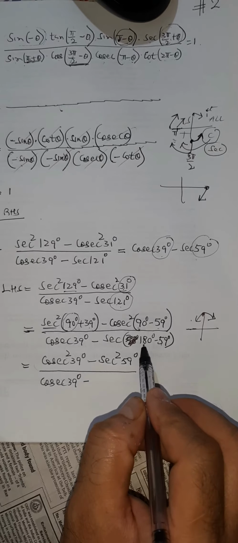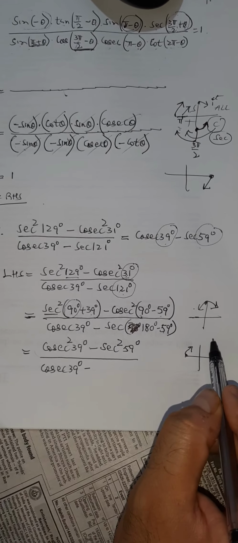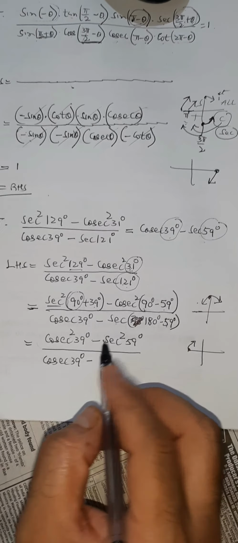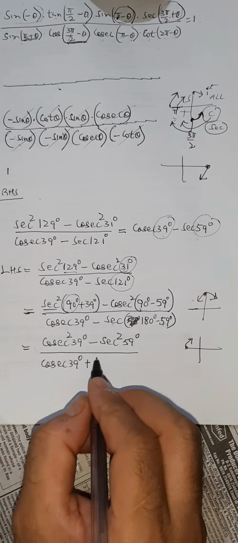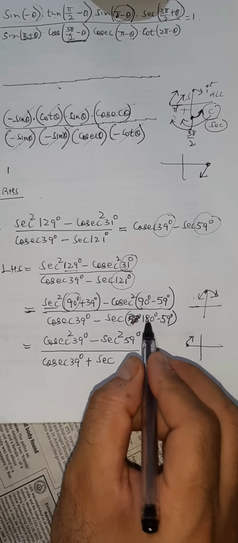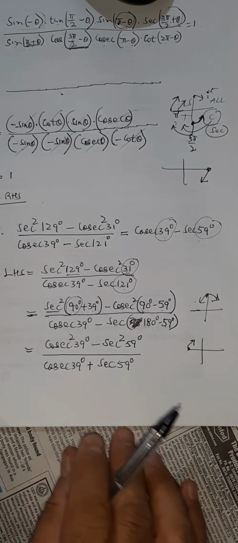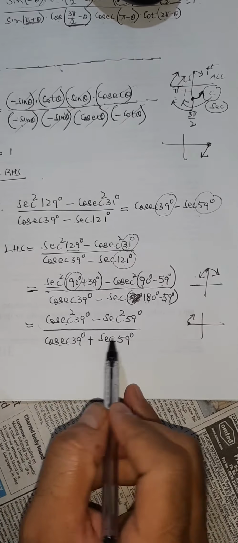180 minus something. 180 means pi here. Minus means second quadrant, clockwise. In the second quadrant, sec is negative. So here it will be one more minus sign, so this becomes plus, and sec would be as it is because you have pi, a multiple of pi. So sec 59 degree. Now you see this looks like a square minus b square upon a plus b.